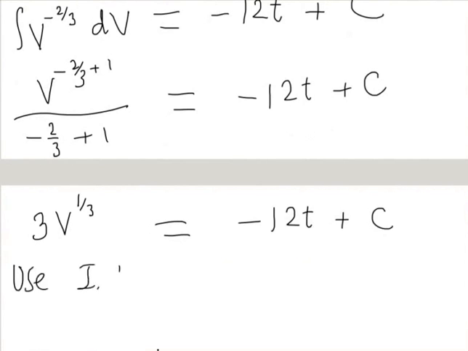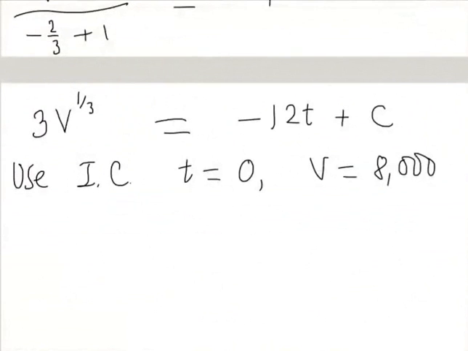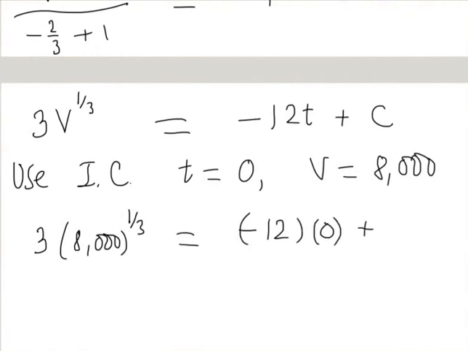Use the initial condition, which says that when t equals 0, V is 8,000. Plug in, we have 3 times 8,000 to the 1/3 is minus 12 times 0. This is gone. And the cube root of 8,000 is 20.